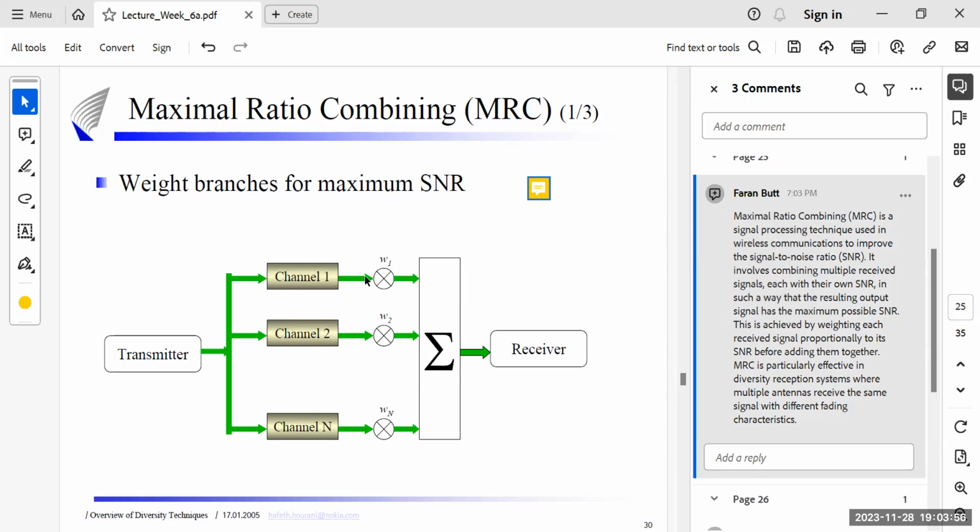So it's not that we are selecting the channel which has the maximum SNR. We are trying to gain as much as possible from each of the channels, and we are trying to increase the SNR even beyond the maximum SNR that an individual channel may have, right? Here we are combining the received signals.